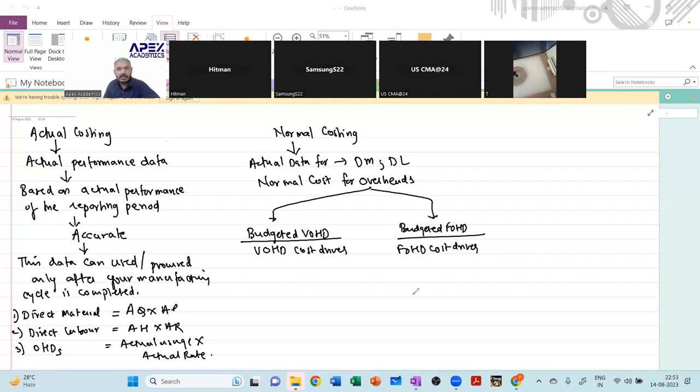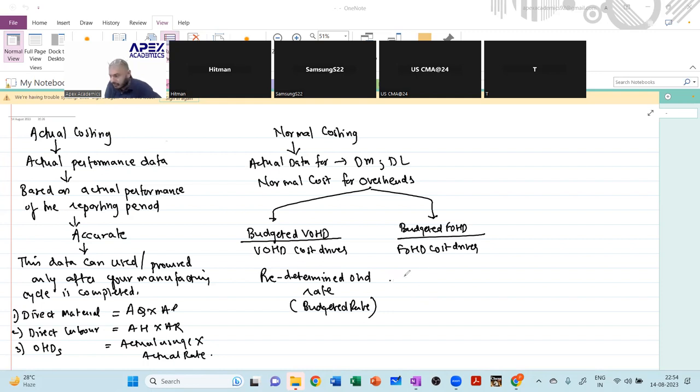I will have to arrive at a predetermined overhead rate. The predetermined overhead rate is nothing but a budgeted rate, because it is predetermined. So this will be total budgeted overheads divided by budgeted volume of activity.